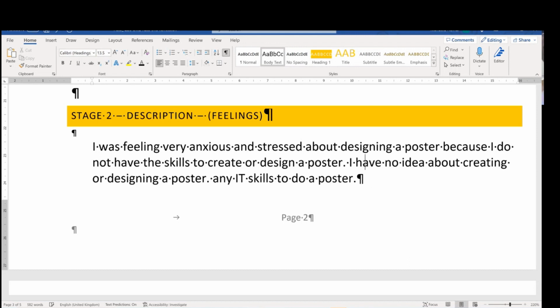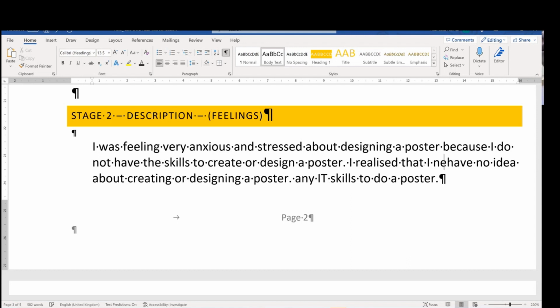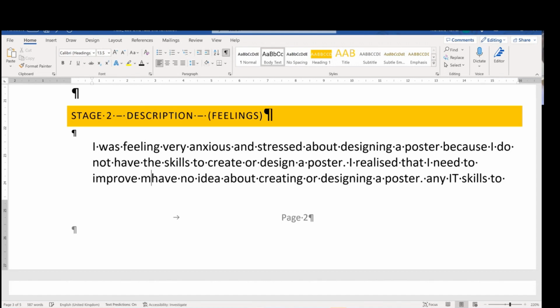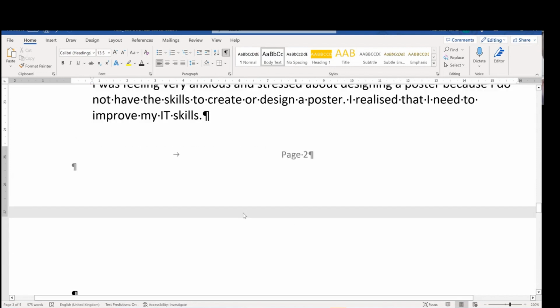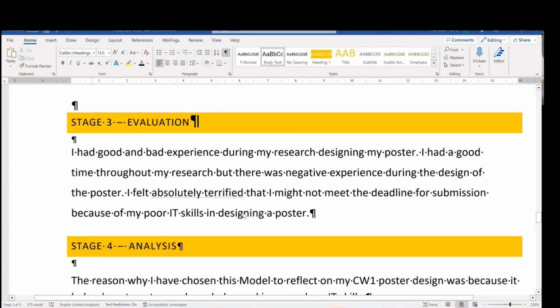I realized that I need to improve my, and now you can choose, the IT skills. And this one just doesn't make any sense. Okay, so that's that. Then you go through the evaluation.